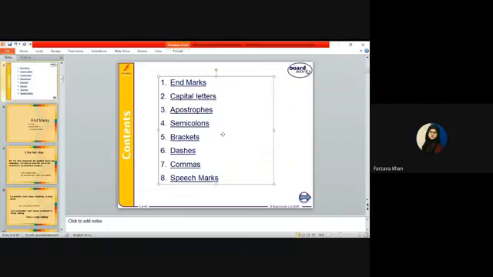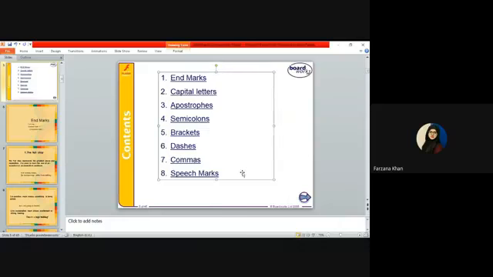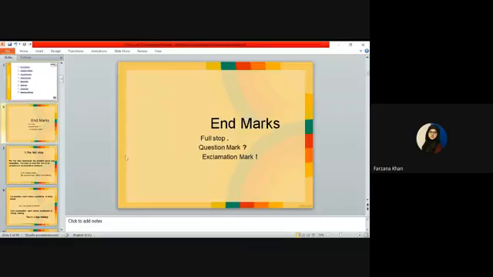These punctuation symbols make clear the meaning of sentences, phrases, clauses, and paragraphs. You will learn all these punctuation marks one by one in today's lecture. So let me tell you first of all about the end marks.